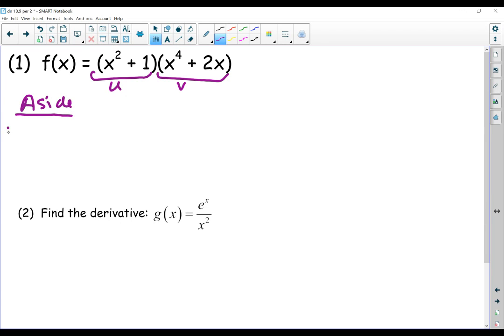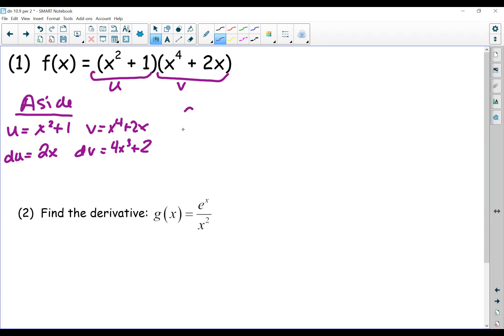And then I like to set it all up. So I say u is x squared plus 1, and v is x to the fourth plus 2x. Then I find the derivative of u, or du, which would just be 2x plus 0. The derivative of v would be 4x cubed plus, linear, so 2.